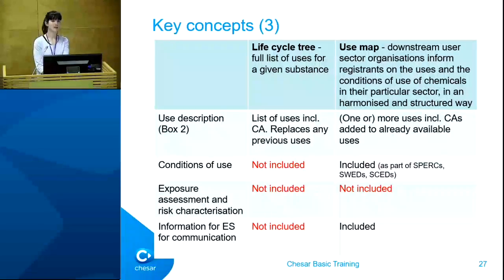By doing so, you need to bear in mind that if, for example, you have already started to build up your life cycle tree, and then you decide that maybe it's better to import the whole life cycle tree, then everything that you have done before will be overwritten by the life cycle tree that you're importing. But we will see how this is done in the exercises later on, so don't worry.